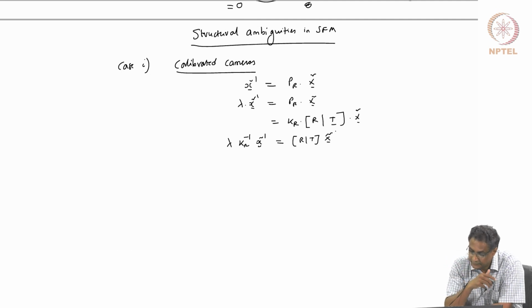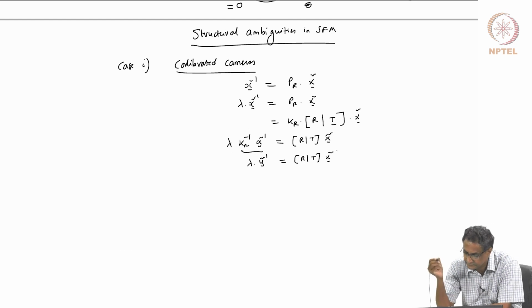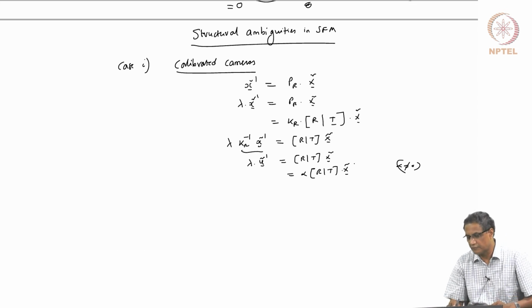Now, just for ease, let us call this some U tilde dash, that is RT X tilde. And again, because only homogeneous coordinates are involved, I'll multiply this with some alpha not equal to 0, and still go ahead and write it like this. I'm writing this for a reason.